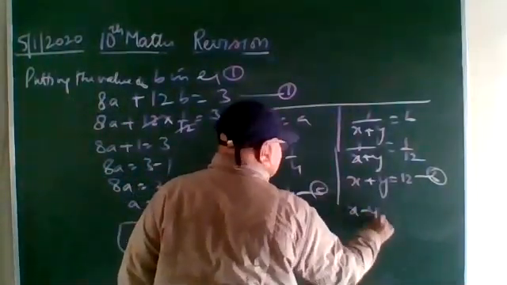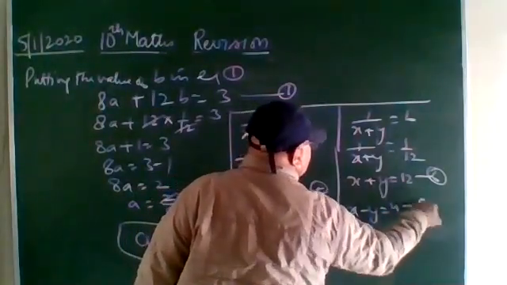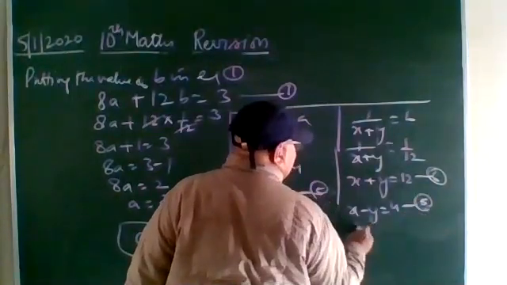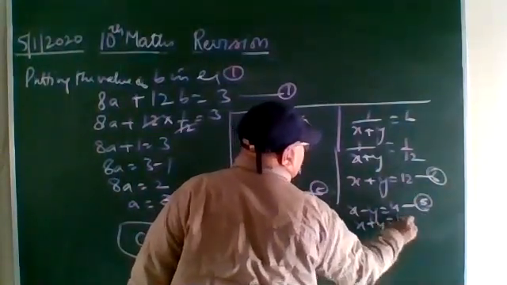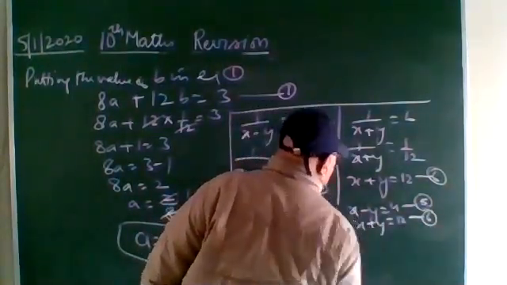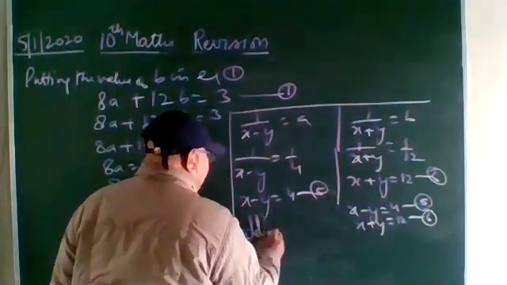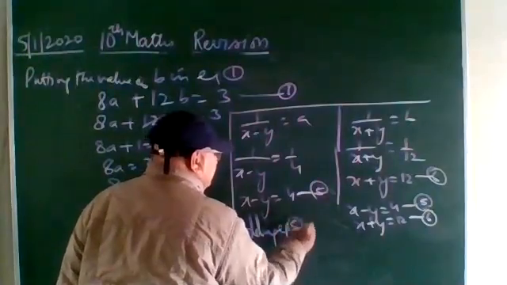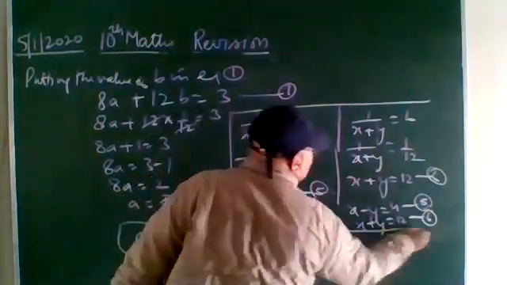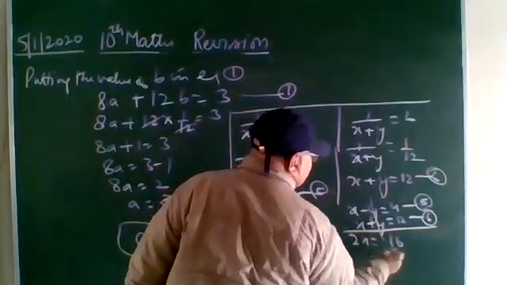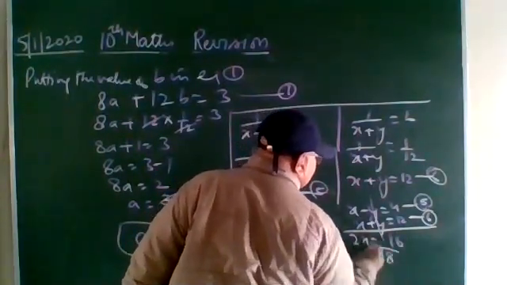So x minus y equal to 4, equation number 5. X plus y equal to 12, that is 6. Adding equations 5 and 6, y minus y cancelled. We get 2x equal to 16. X equal to 8.